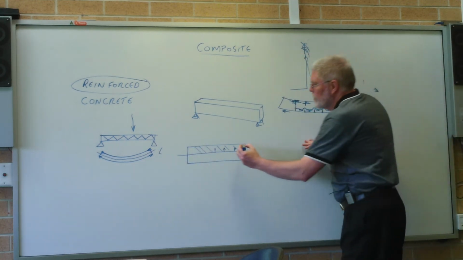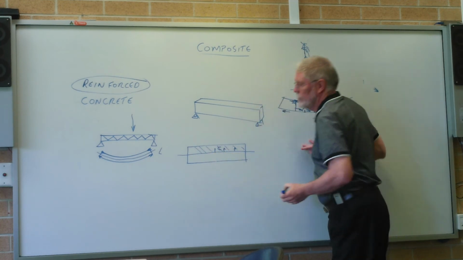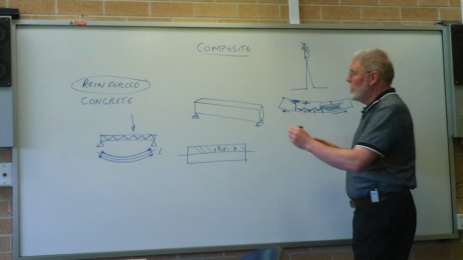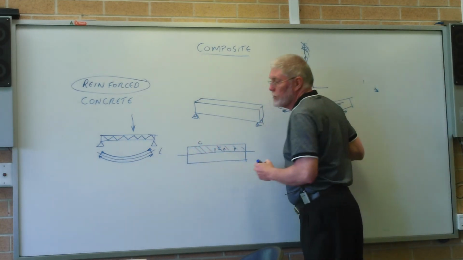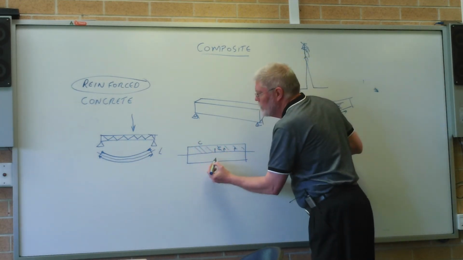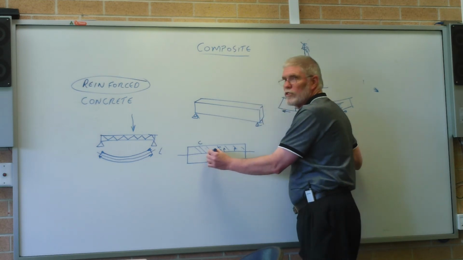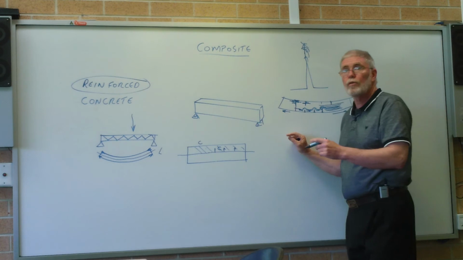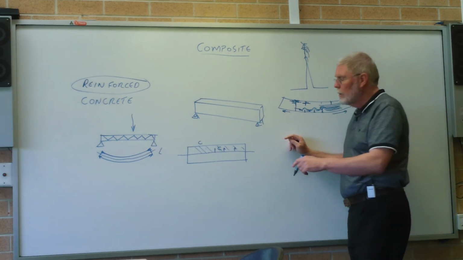So all of this region up here will be in compression. So basically that we don't have to worry about. It's going to have more compression at the top than here, and here as well, because it's neutral. There won't be any value to that if that's the neutral axis, has the term neutral, nothing going on.